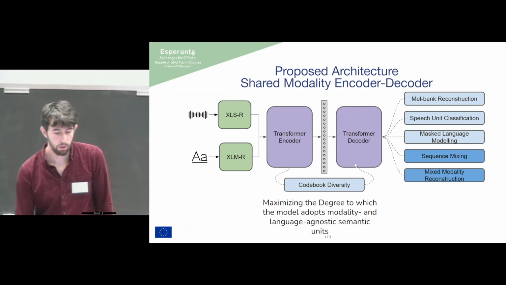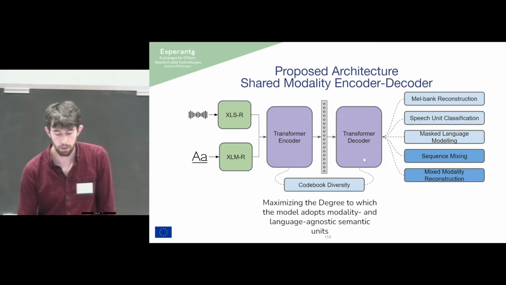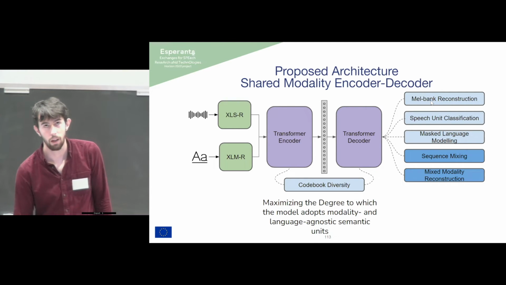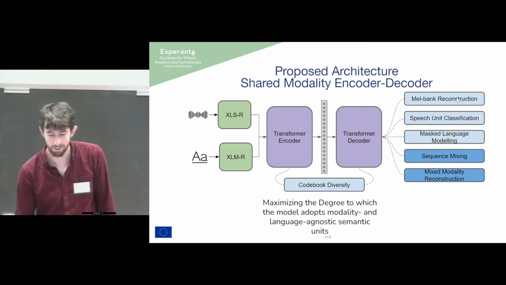Okay, so once we've designed our model, how do we actually train it? We have a bunch of objectives which we inherit from SpeechT5 and some new ones which are designed to encourage robustness when we have multiple languages. For speech, we've got log mel filter bank reconstruction and speech unit classification.